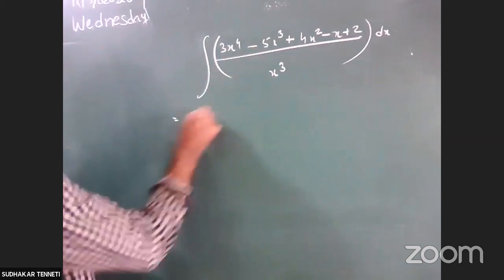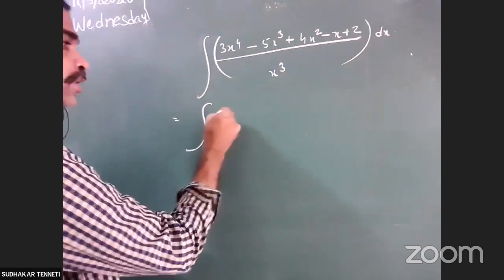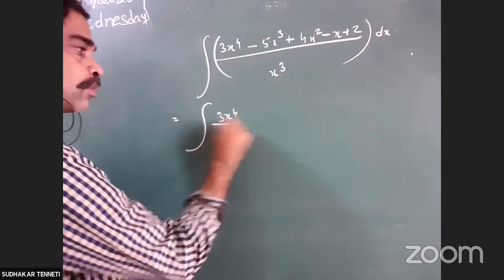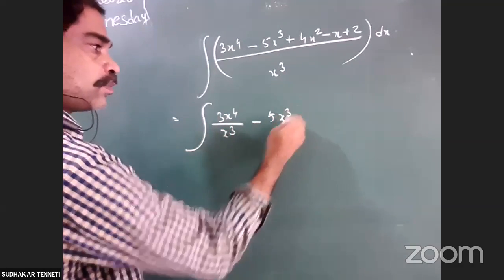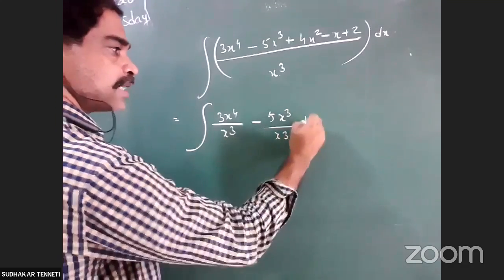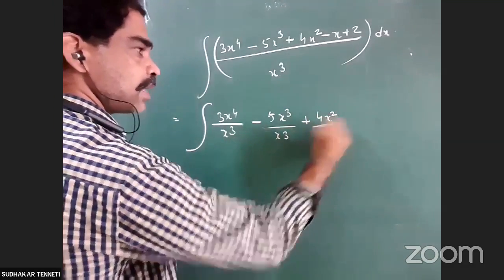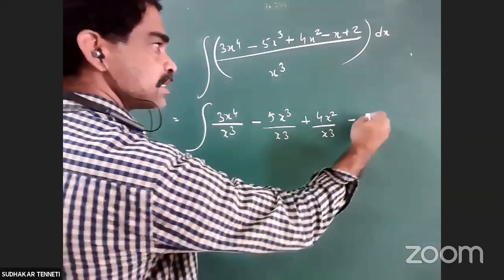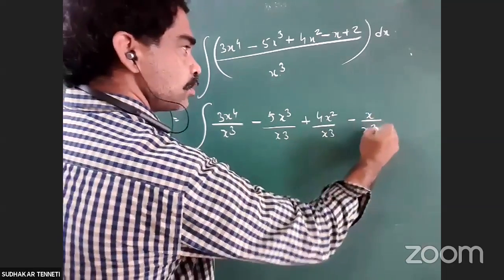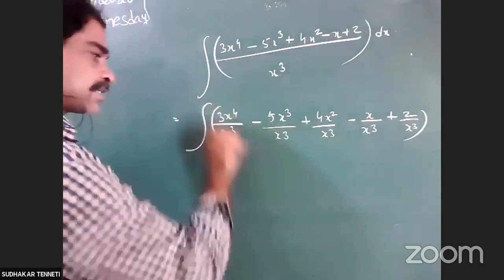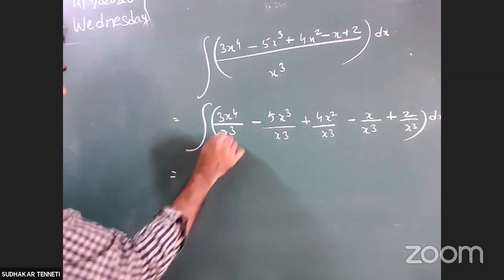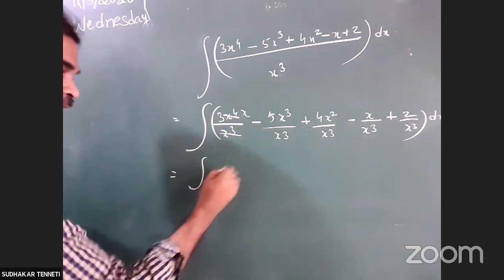Now this is integral of, denominator split this one. 3x power 4 by x cube minus 5x cube by x cube plus 4x square by x cube minus x by x cube plus 2 by x cube of dx. That is integral of, cancel this with this, how many times? 3x.